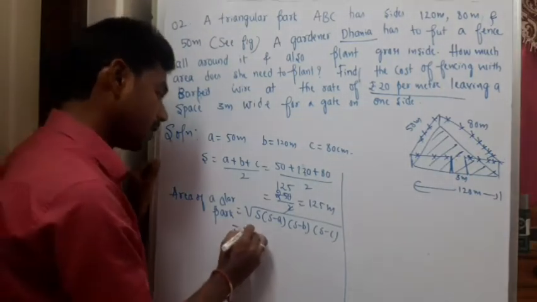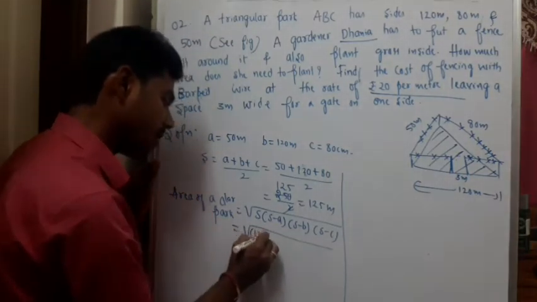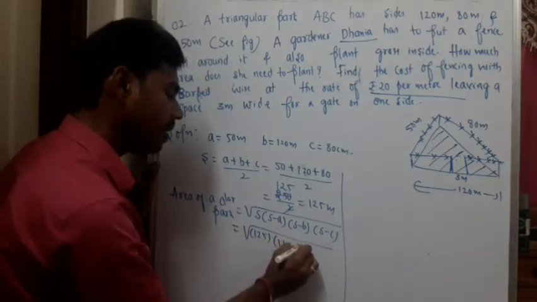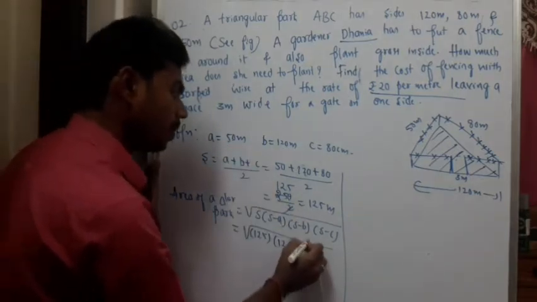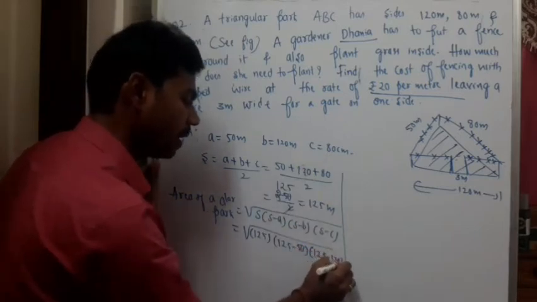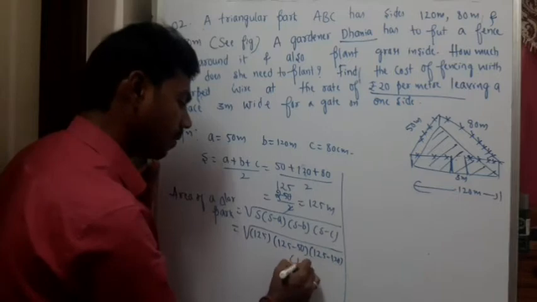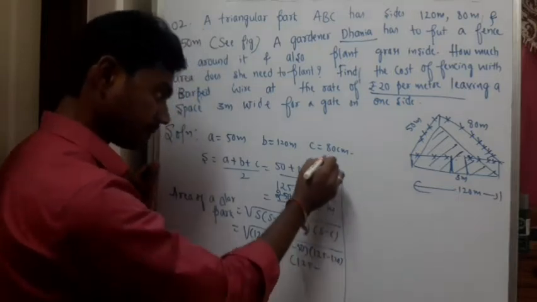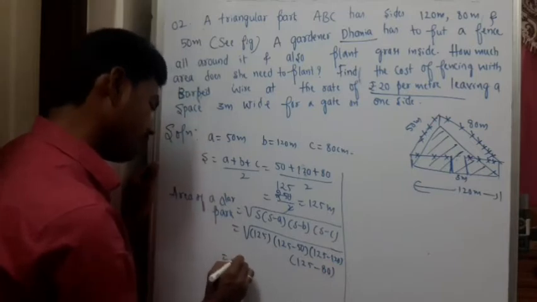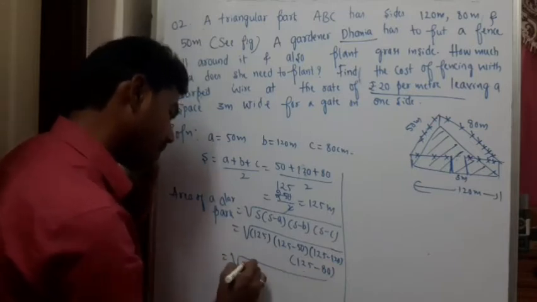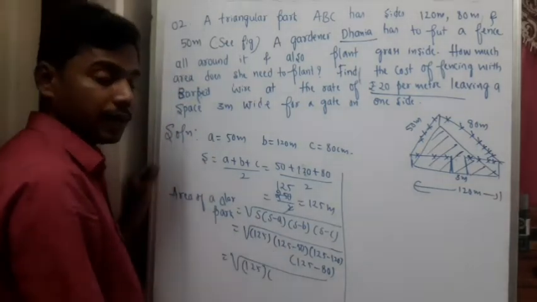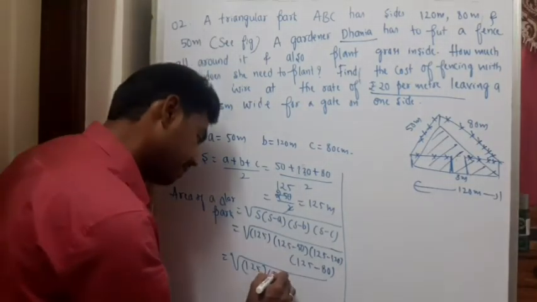S we already know is 125. S minus A is nothing but 125 minus 50. S minus B is nothing but 125 minus 120. S minus C is nothing but 125 minus 80. Now root of 125 into 125 minus 50 is nothing but 75.